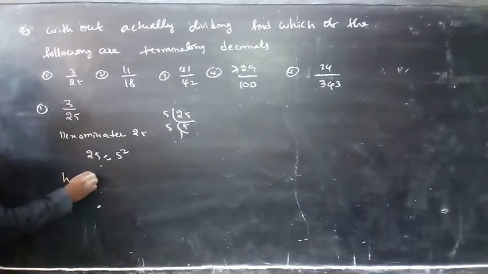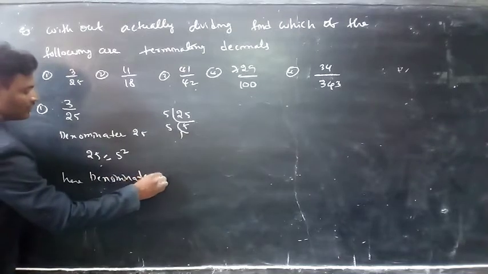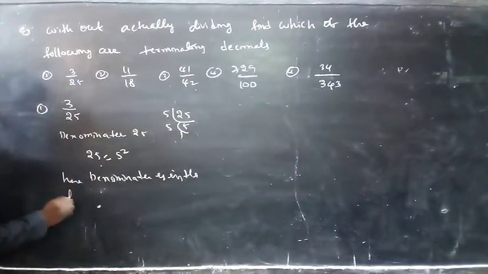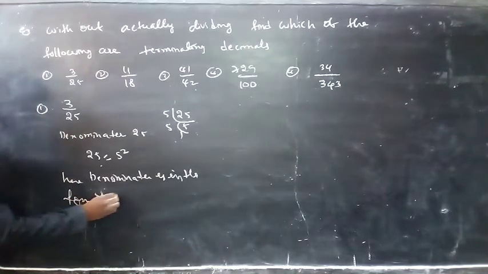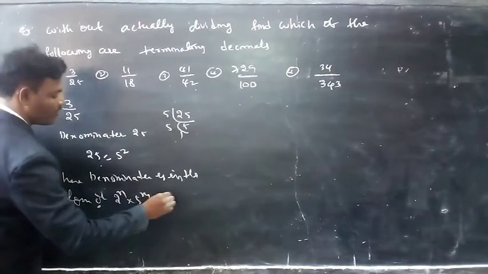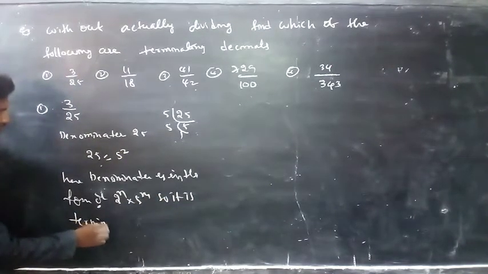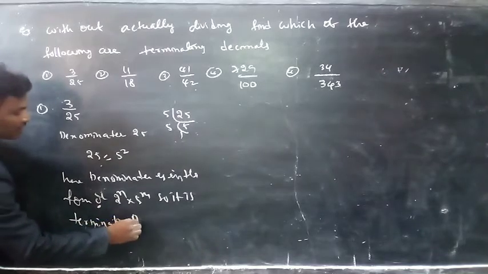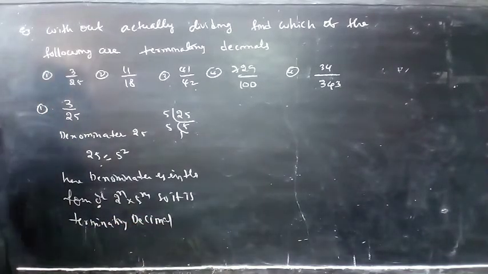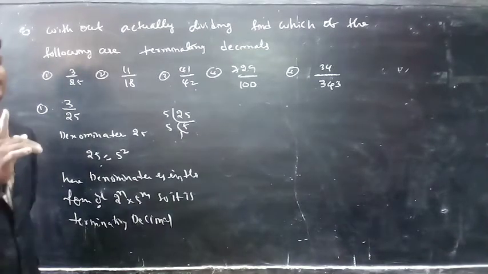Here the denominator is in the form of 2 power n into 5 power m. So it is a terminating decimal.